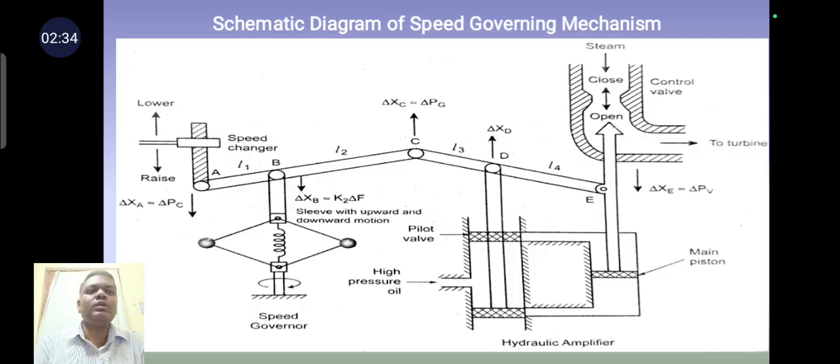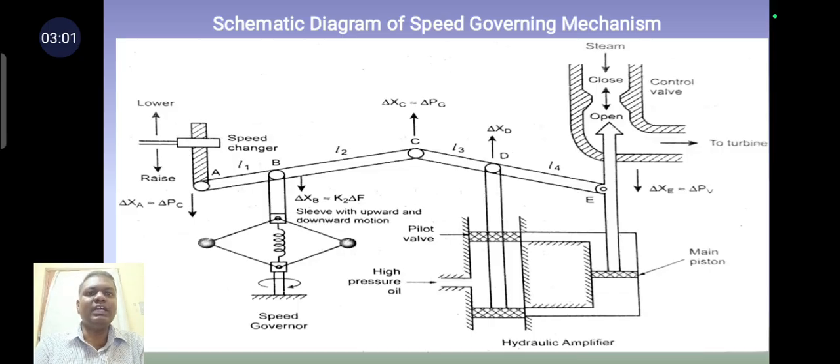Now we are going to discuss how to open and close the valves to the turbine. In the speed governing mechanism, we have two modes of operation. The first mode of operation is by using the speed changer. Manually we can give the lower command and raise command. The second mode of operation is automatic mode. By sensing the speed of the turbine, the flyball, that is the speed governor, operates.